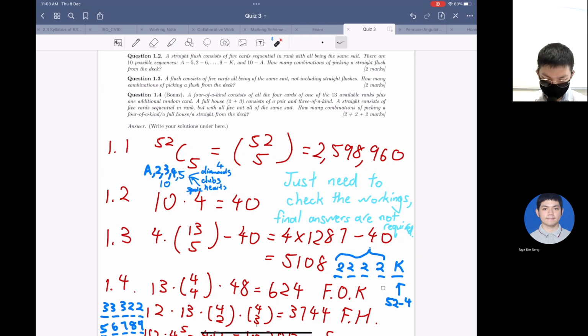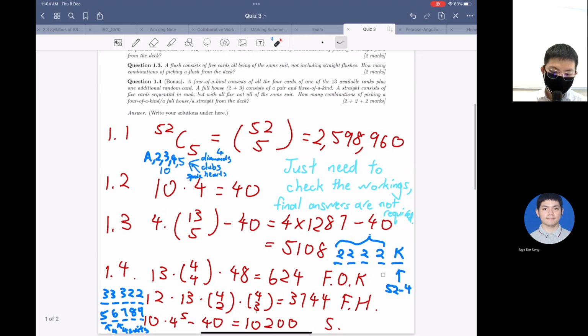Then full house is a three of a kind with a pair, like 3, 3, 3, 2, 2.